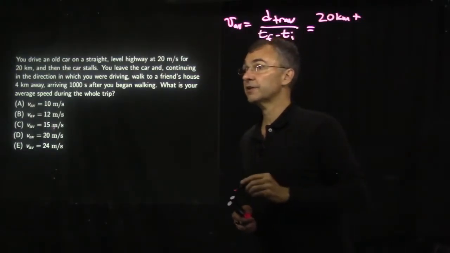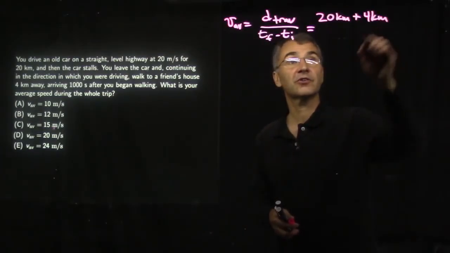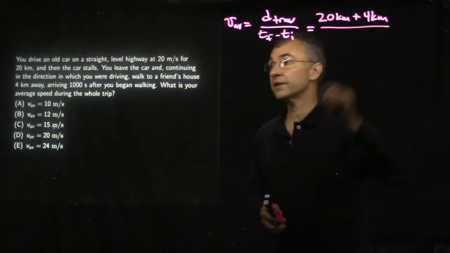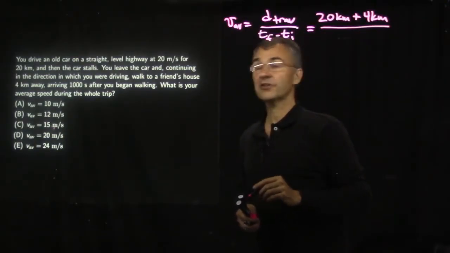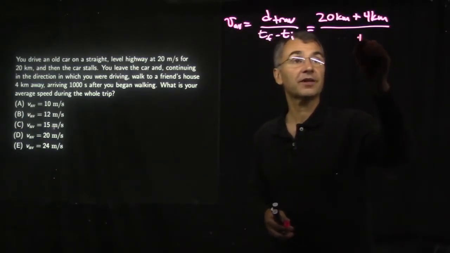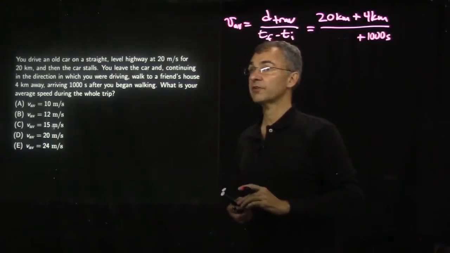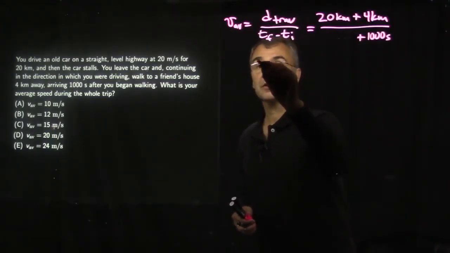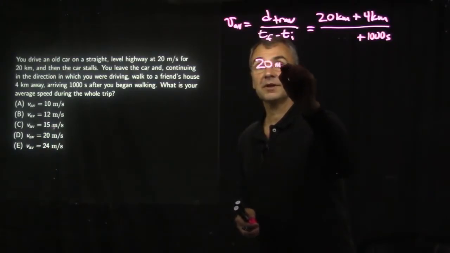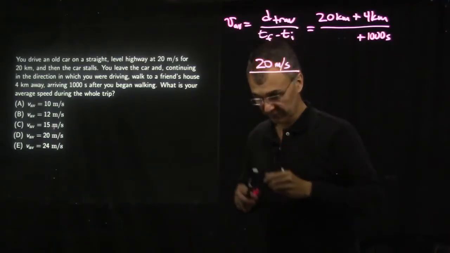And the other one is 4 kilometers. So we know the distance traveled. What is the time? So it seems like the second segment is 1,000 seconds. How long does this first segment take? Well, I guess we have 20 meters per second. Oh, that's upside down.